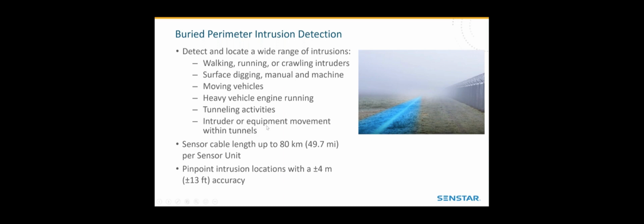And of course, if there are tunnels in the ground within 10, 15 meters, we can detect operation within the tunnel. We can't detect the simple presence of a tunnel, but we can detect either the activity of building it or people or equipment moving through it. And this coverage is up to 80 kilometers per system. And again, for plus or minus 4 meters of detection accuracy.